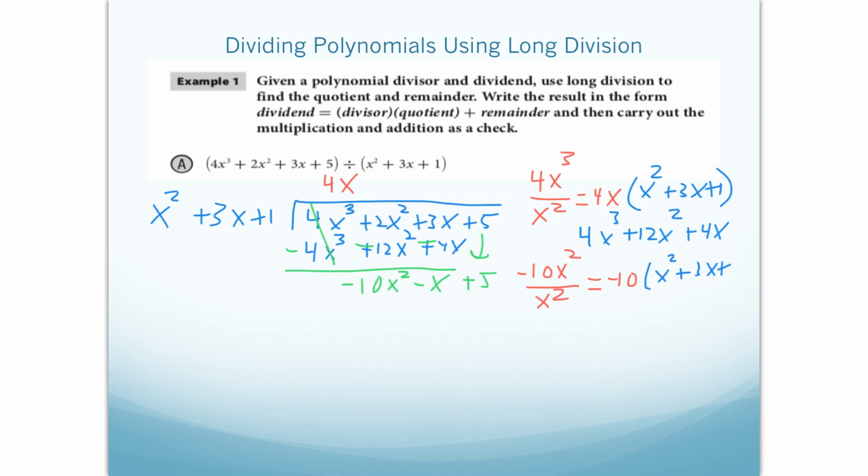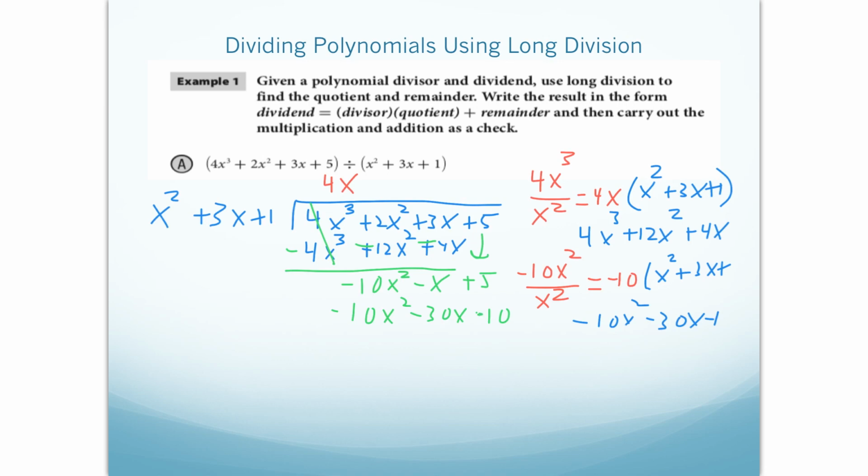So we have negative 10x squared minus 30x minus 10.